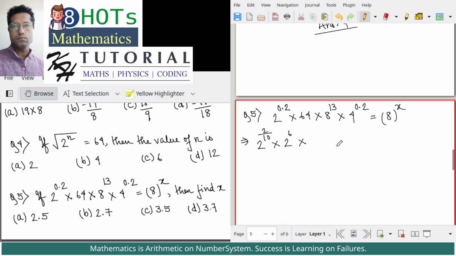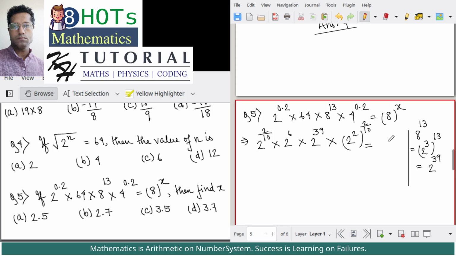So 8 to the power 13 is equal to 2 cubed, this whole raised to the power 13, which is 2 raised to the power 13 multiplied by 3, which is 39. So we have 2 raised to the power 39, and we have 4 raised to the power 0.2. 4 is 2 squared, and this whole raised to the power 0.2, which means 2 by 10.